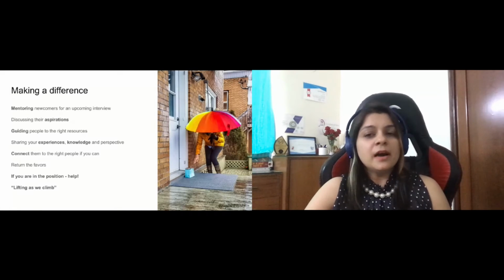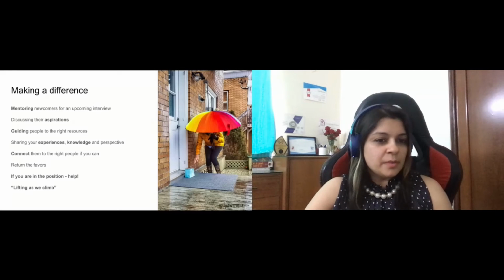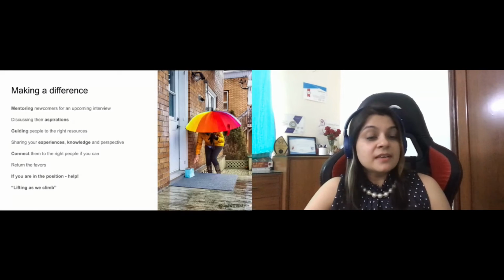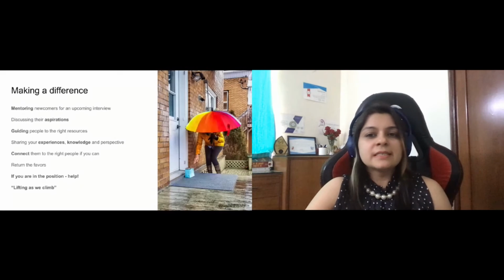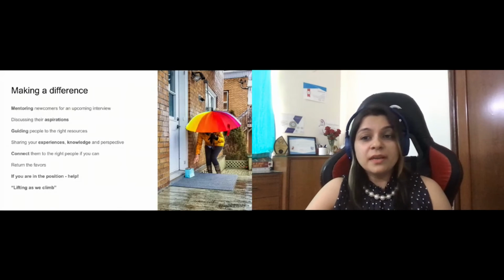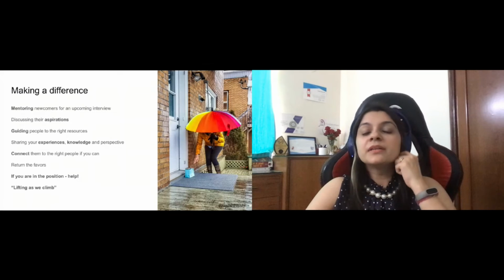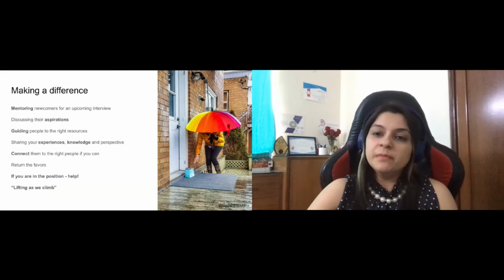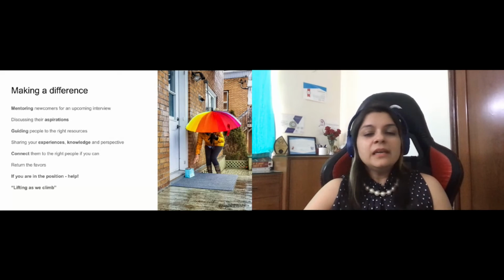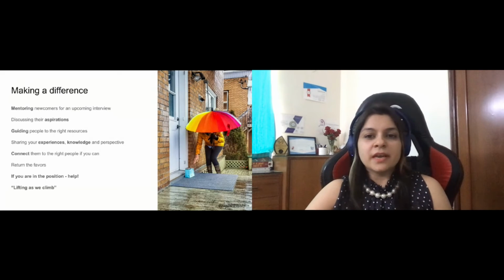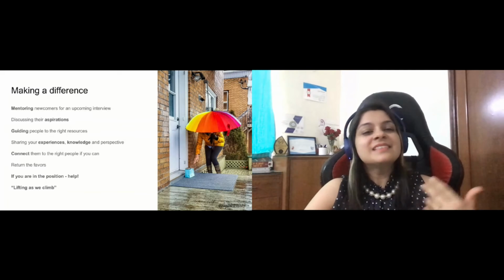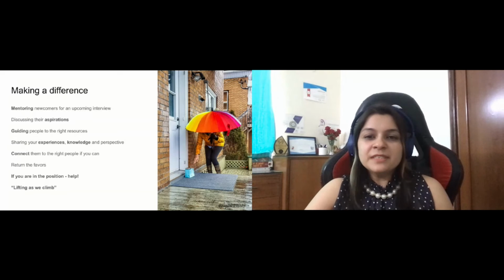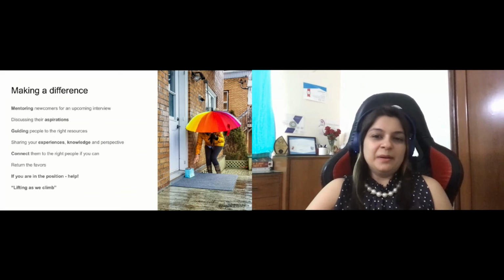You can also help in other ways, like mentoring newcomers for an upcoming interview, discussing what their aspirations are, giving some of your time to just listen and guide them to the right resources, or just share your experience, your knowledge, your perspective on how you started out and what helped you, whatever is your story. It may inspire somebody, so just share and return the favor you got when you were in need, and thus keep the cycle going. So I would say, if you are in the position, help.